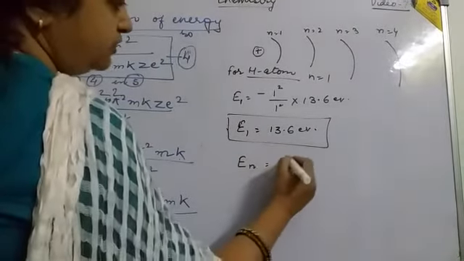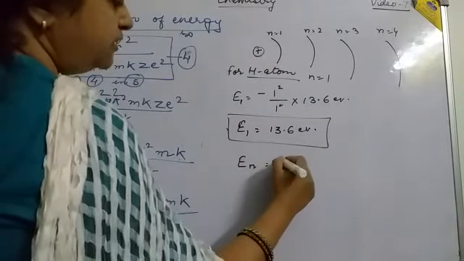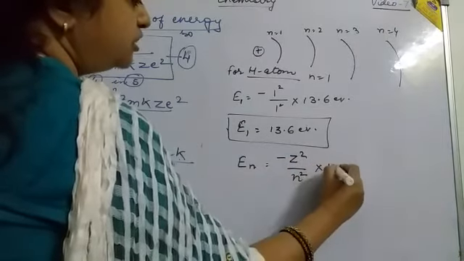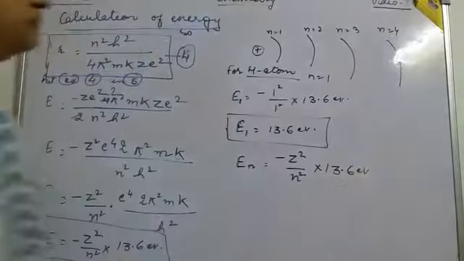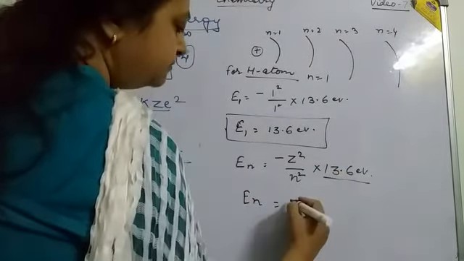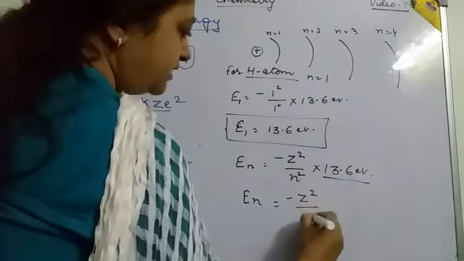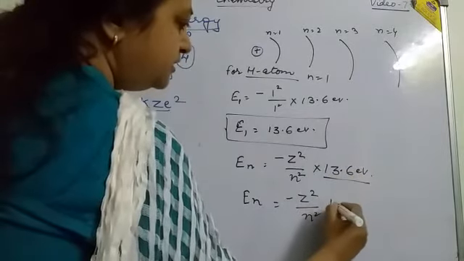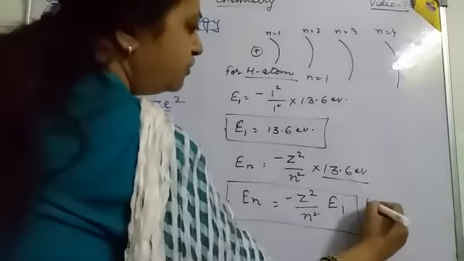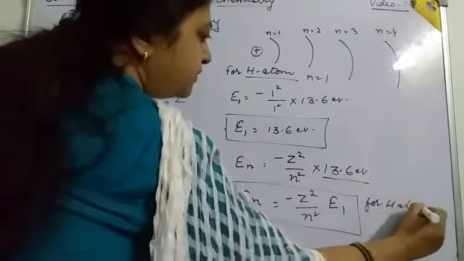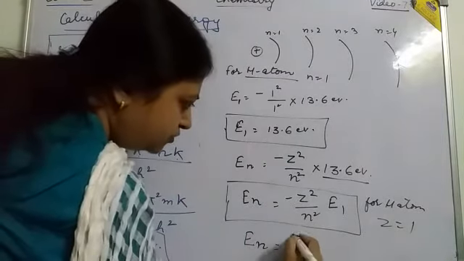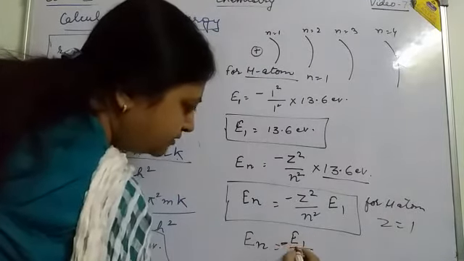En is equal to minus Z square by n square into 13.6 electron volt, so we can say En is minus Z square by n square times E1. For the hydrogen atom, Z equal to 1, so we can also write En equal to E1 by n square.